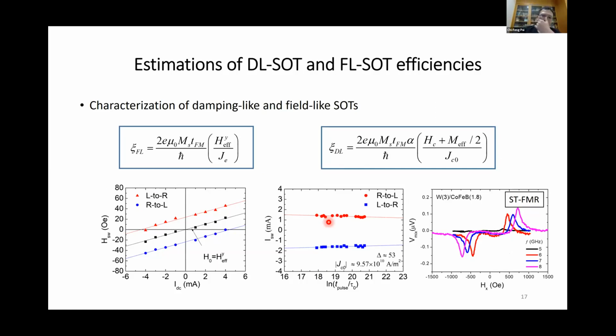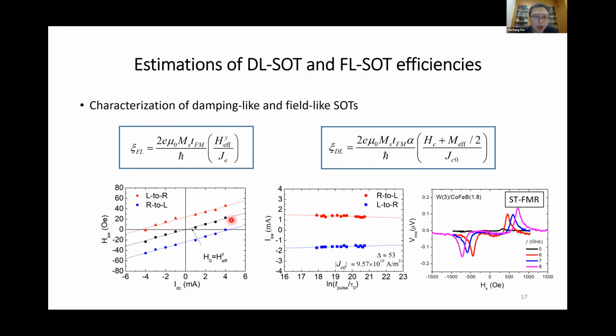And for the damping-like torque efficiency and field-like torque efficiency, if these are the numbers that you're interested in, of course, you can use a very simple fitting function over here. For instance, the field-like torque is directly related to the shift of the AMR loop, or this effective field along the y direction.